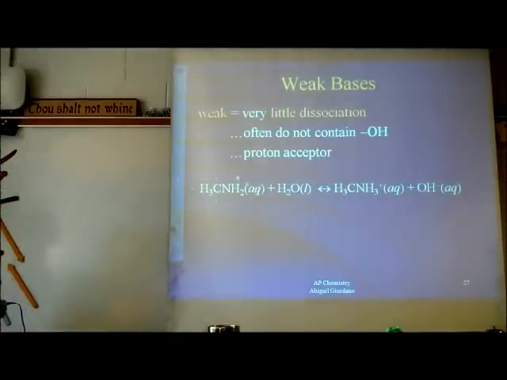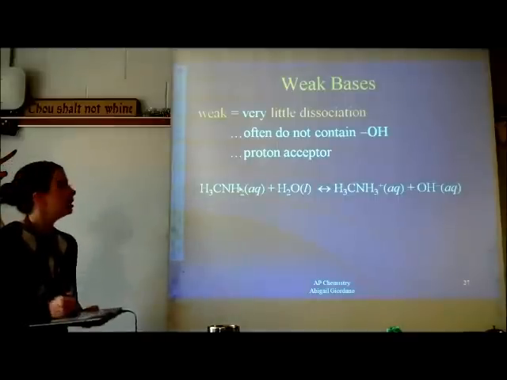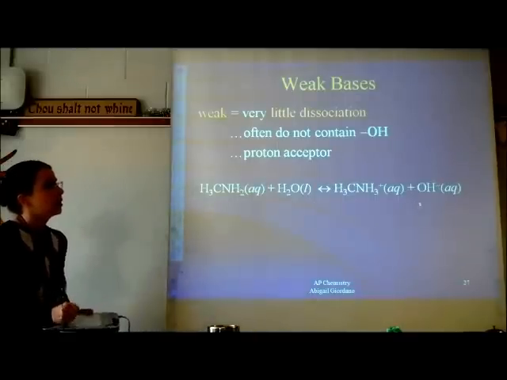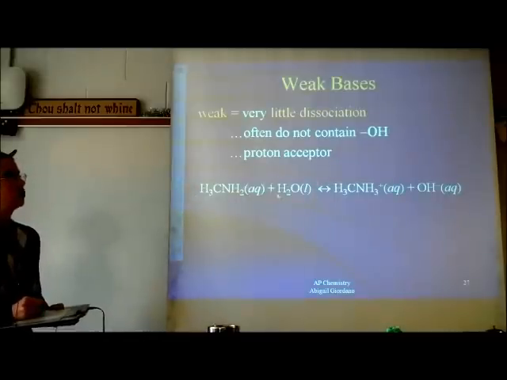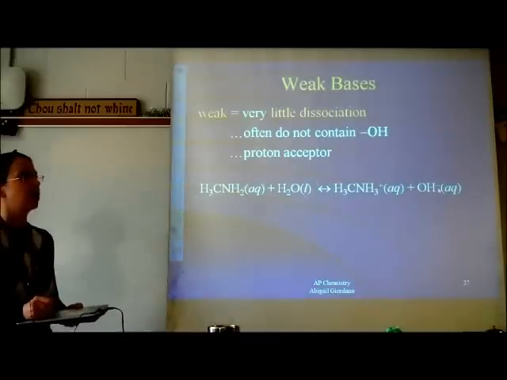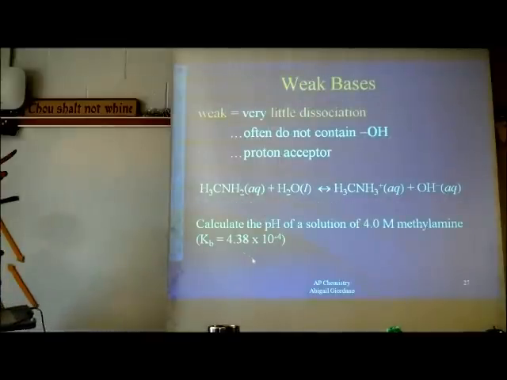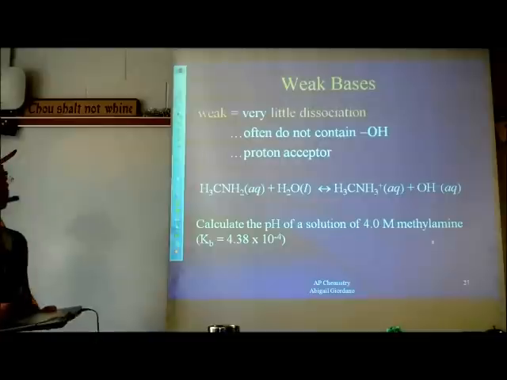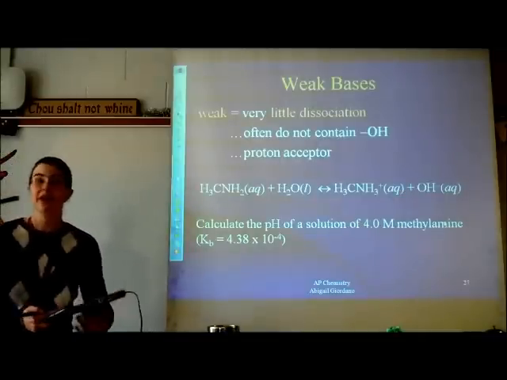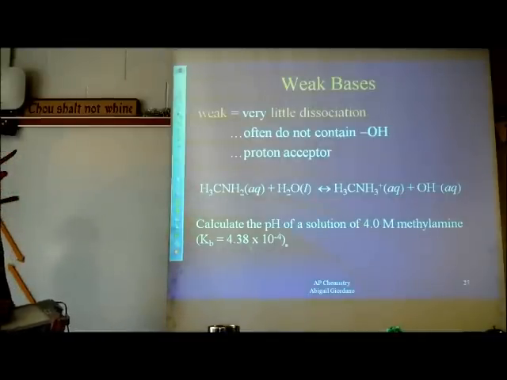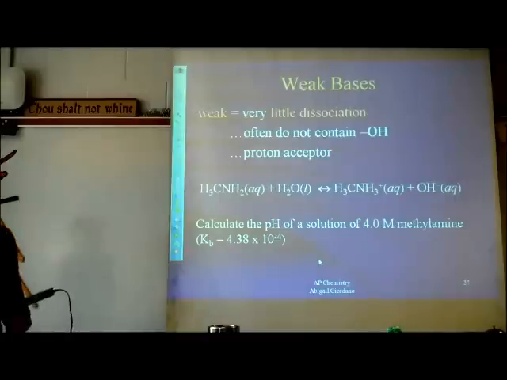Okay, but just look at what's going on here. This base is accepting a hydrogen. Where did that hydrogen come from? H2O. Same kind of reaction. Water is still a reactant, but our products are a little bit different than in our acid equations. The name of this compound, you don't need to memorize it, is methylamine, and I'm giving you a Kb value.